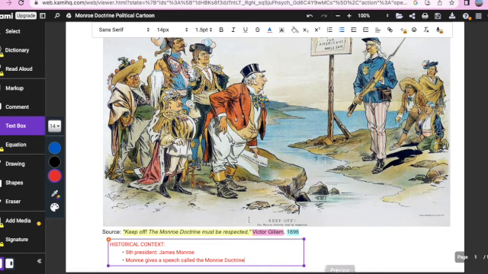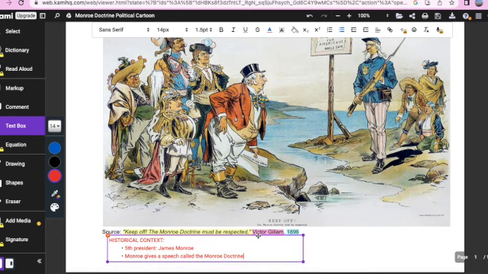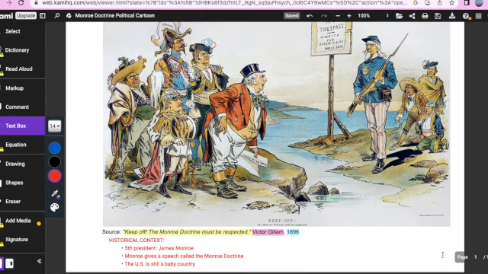Now, I don't want to give away what the Monroe Doctrine is until after we analyze the source, because I know it, I'm aware of it, but other people may not be. So I'm just going to say Monroe gives this speech, and during the time that he gives this speech, the United States is still a baby country compared to the other European countries who have been around for hundreds of years.